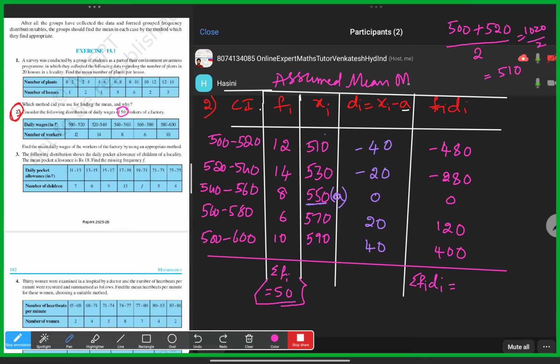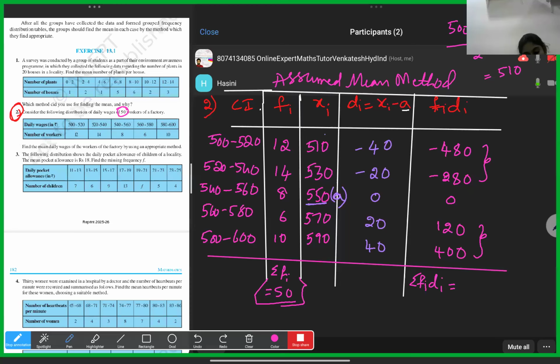This is the assumed mean method. Yes, Hasni, sigma fi di. Now you can add the negative values first, Hasni. Minus 480 plus minus 280 gives minus 760.